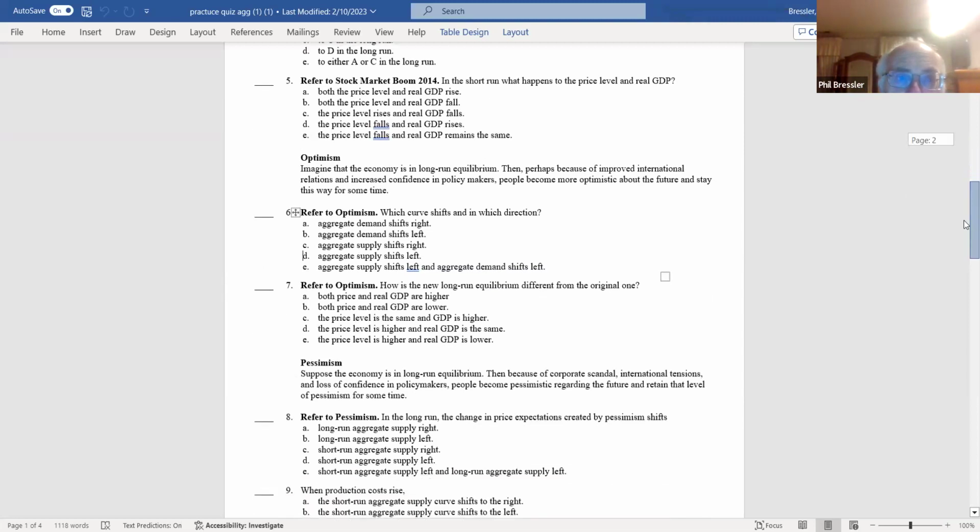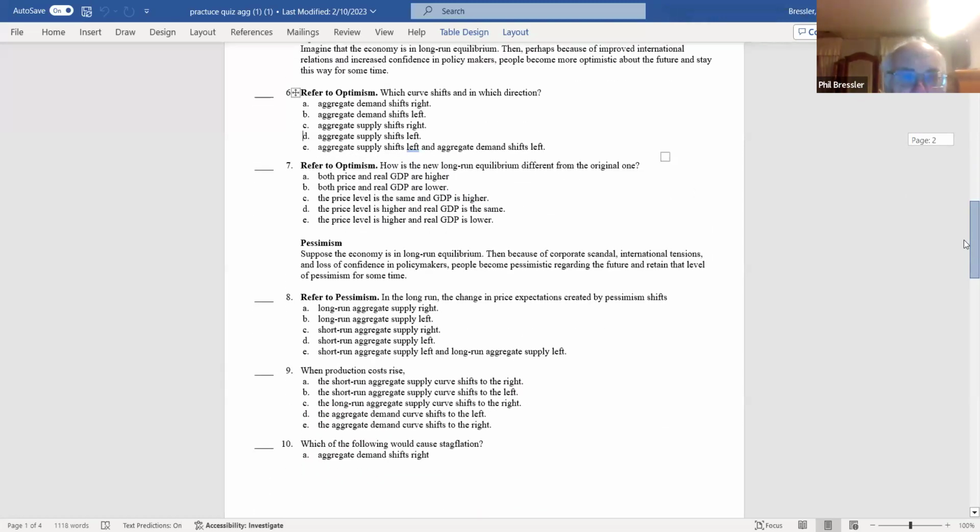All right. Number 8, pessimism. You don't even have to read the scenario. Pessimism is going to shift aggregate demand to the left. In the long run, the change in price. I'm going to go up here.